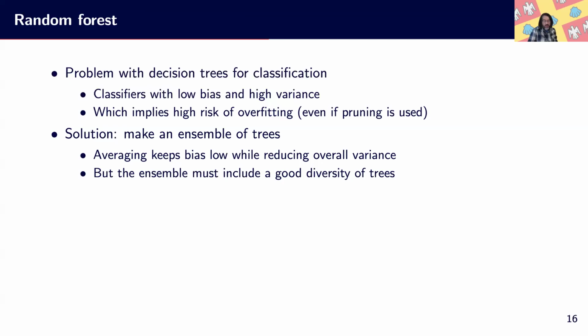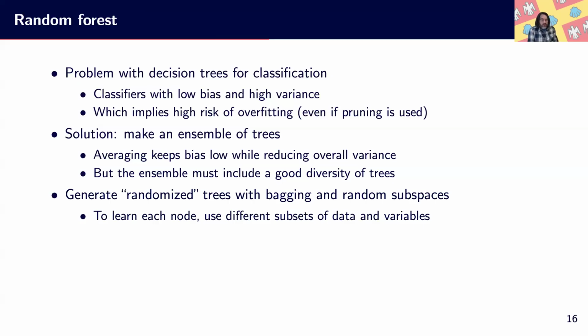To achieve that, we should enforce that the ensemble includes a good diversity of trees. We don't want all the same copy, only a few trees. We need dozens, maybe even hundreds of decision trees to achieve good results.